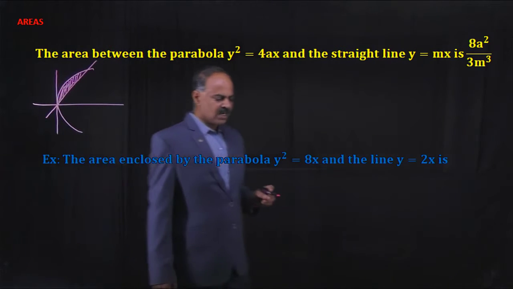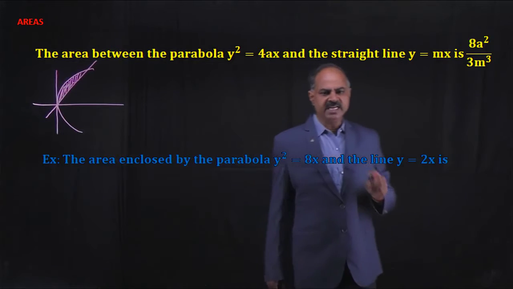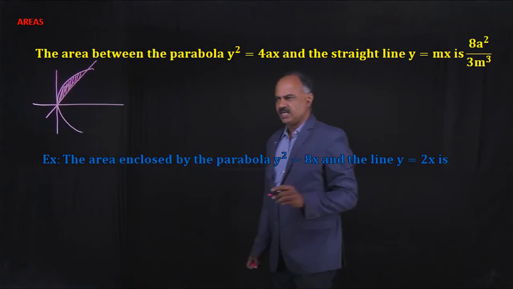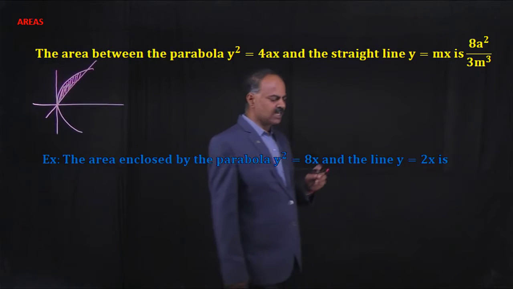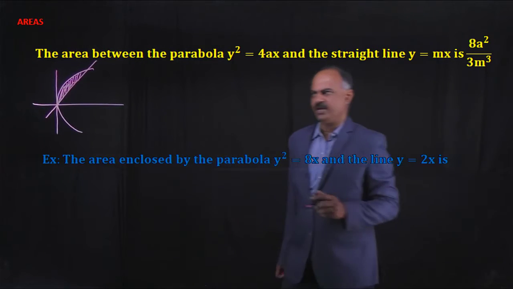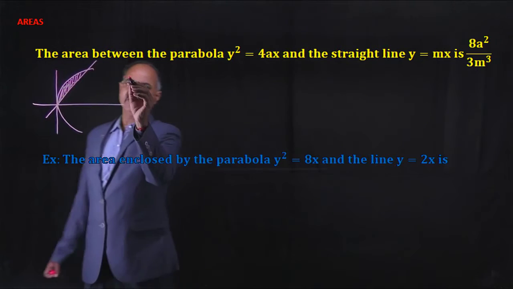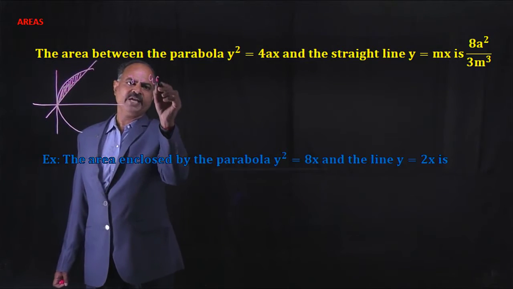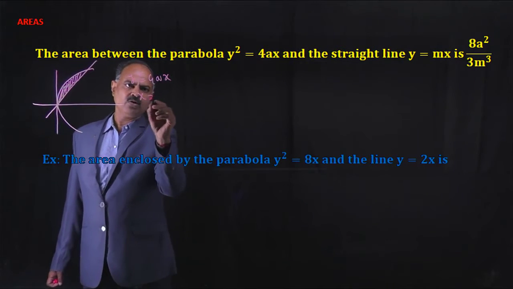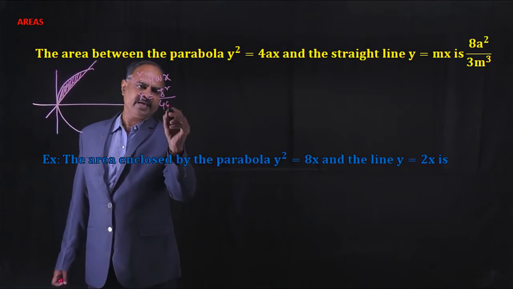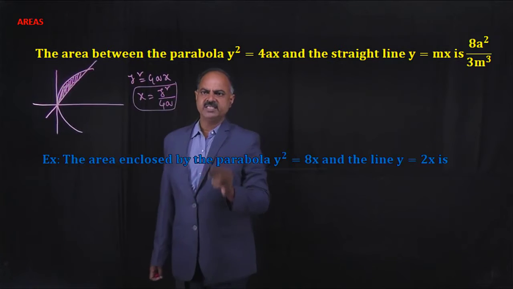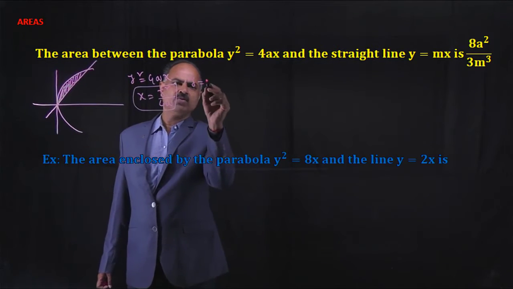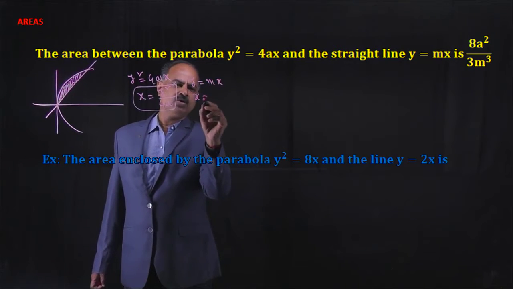By the shortcut formula, equating linear terms and without simplifying and without cancelling, write delta power 3 by 2 by 6a square. Given y square is equal to 4ax, so x equal to y square by 4a, and the line y is equal to mx, so x equal to y by m.